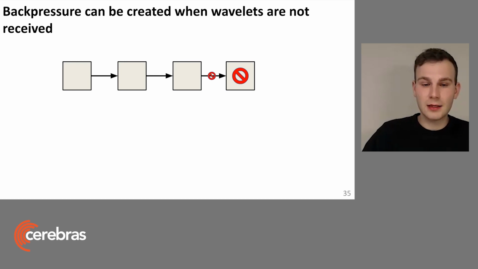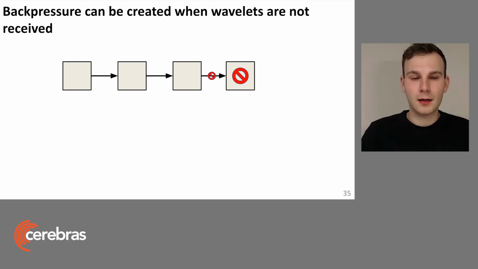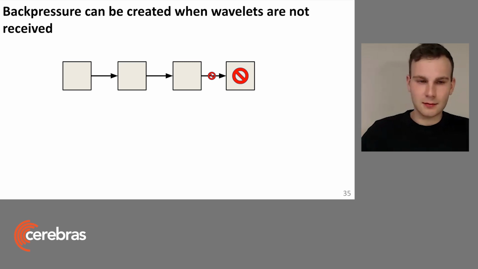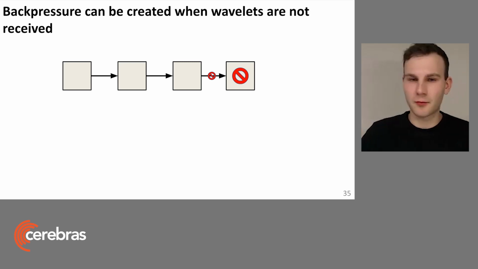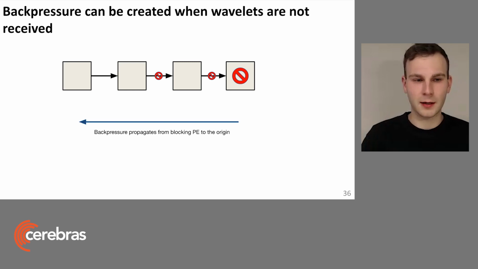The wavelet is backpressured. So it stalls, it doesn't arrive in the PE, and it's not sent from the previous PE, and then backpressure propagates back to the origin of these wavelets.